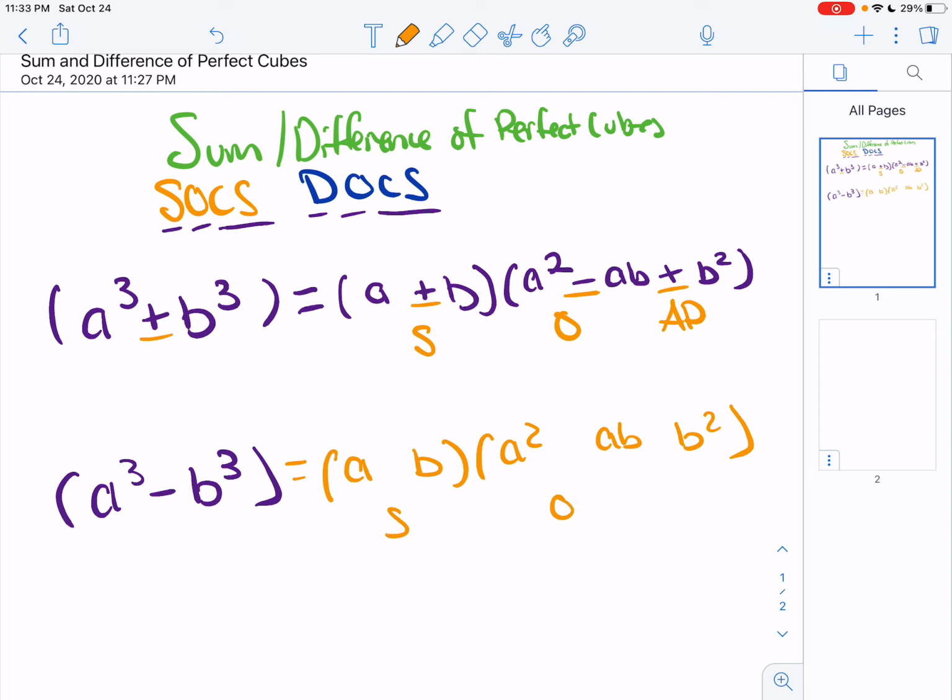Same, opposite, always positive. So same plus, opposite. This is a subtraction, so the sign is going to be the same as that. So minus, opposite, plus, always positive, which is plus. All right, so these are our two formulas.